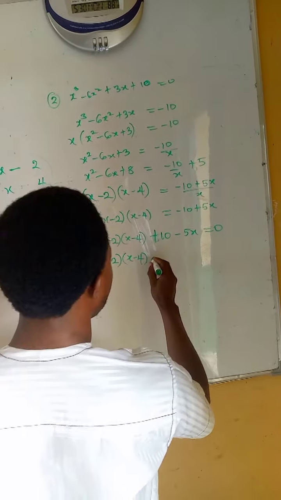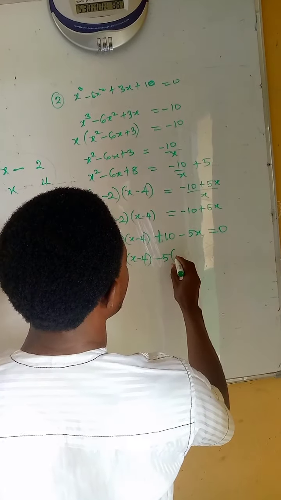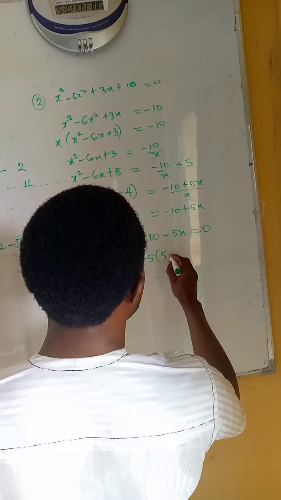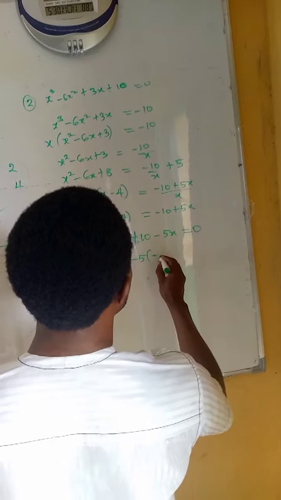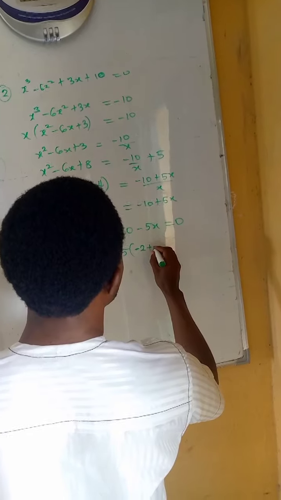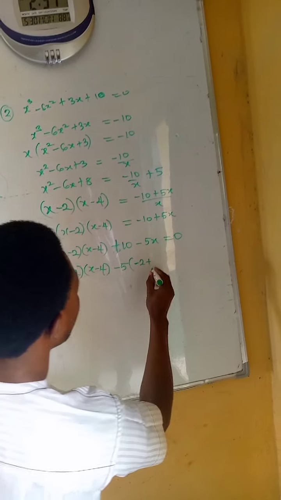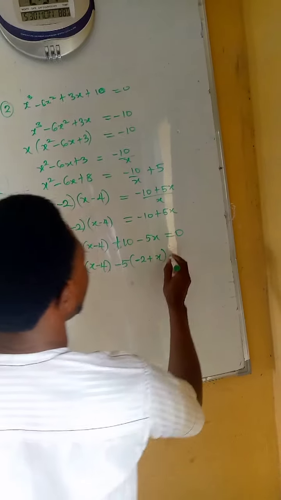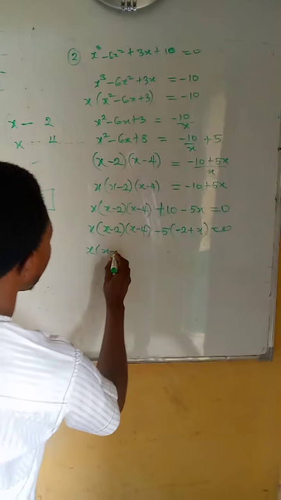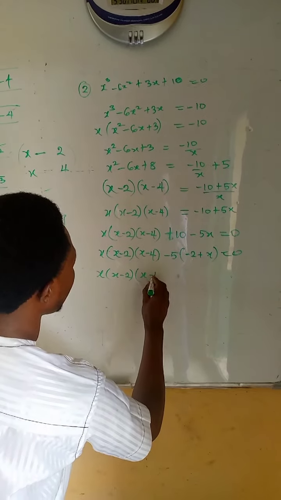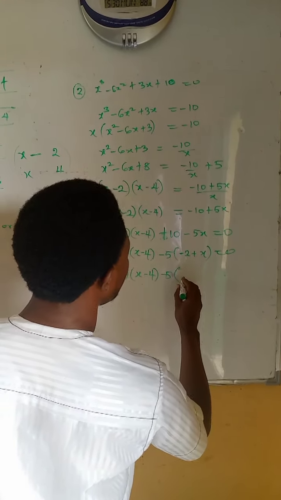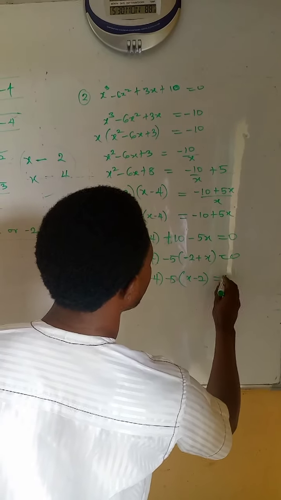Now minus 5 is common here. We have minus 5 into, so I will now have x minus 2. So we have x into x minus 2 into x minus 4, and we rearrange this: minus 5 into x minus 2 equals 0.